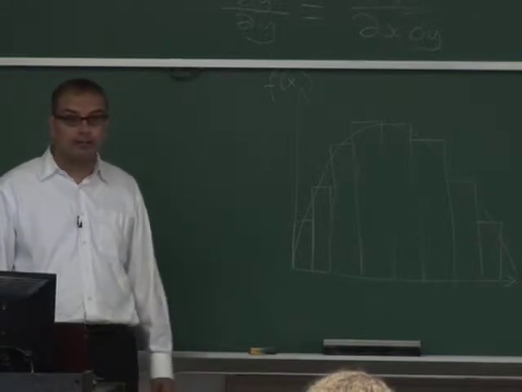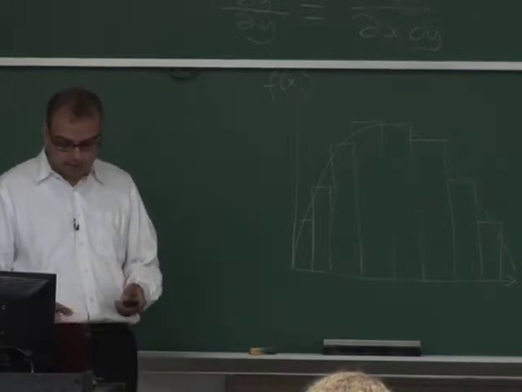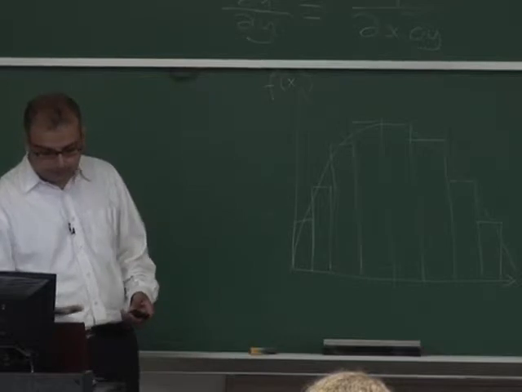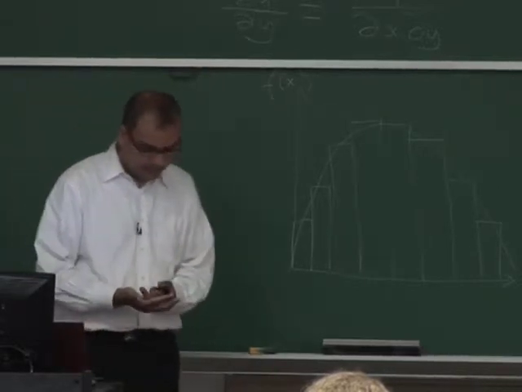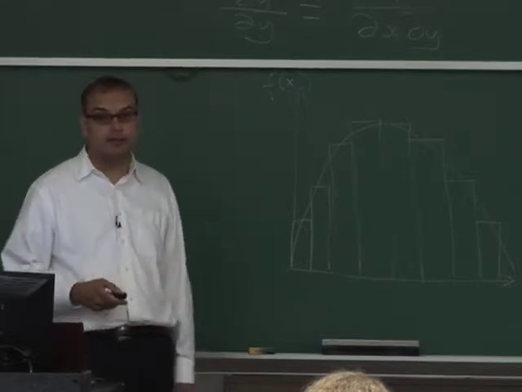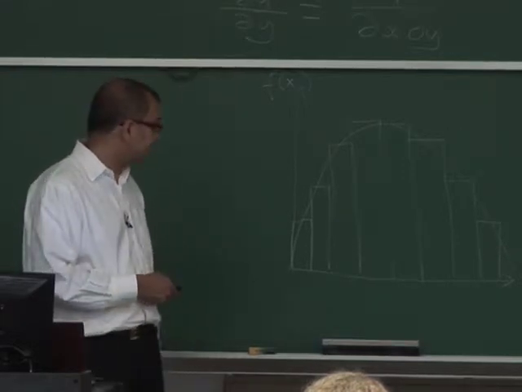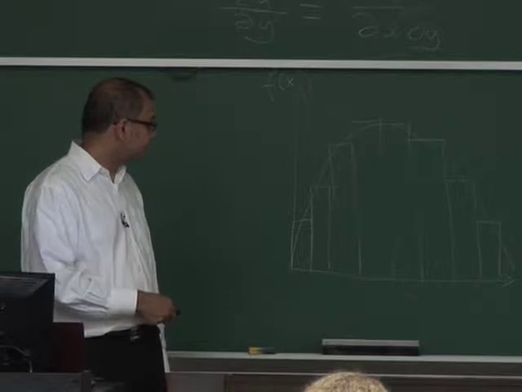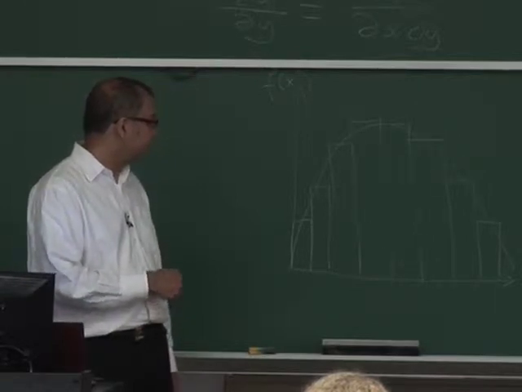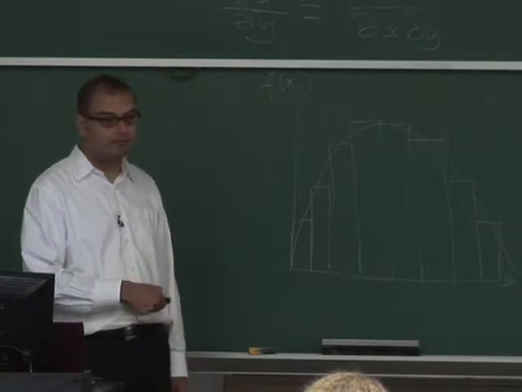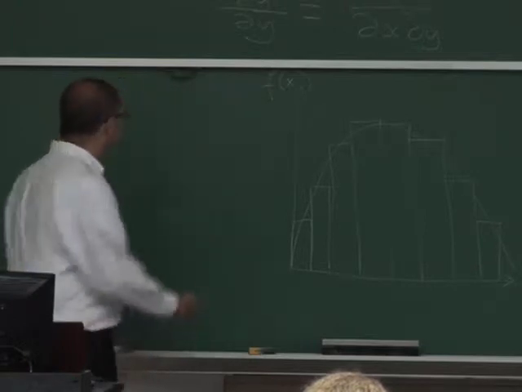So you could certainly do that, and that was the method by which the definite and indefinite integrals were actually arrived at. Summing these areas is known as a Riemann sum. Okay, Riemann sum.